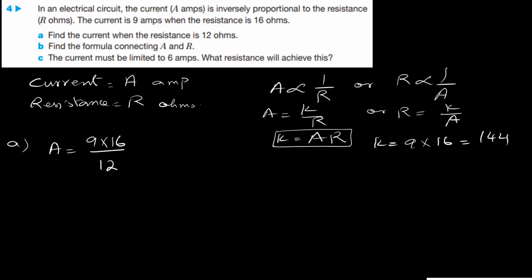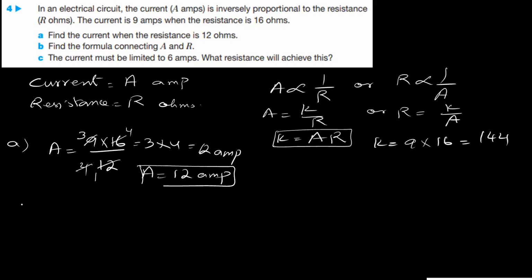So 3 times 3 is 9, 3 times 4 is 12. 4 times 1 is 4, 4 times 4 is 16. So 3 times 4 equals 12 amperes, because this is current and it is measured in amperes. A is equal to 12 amperes. This is our answer.